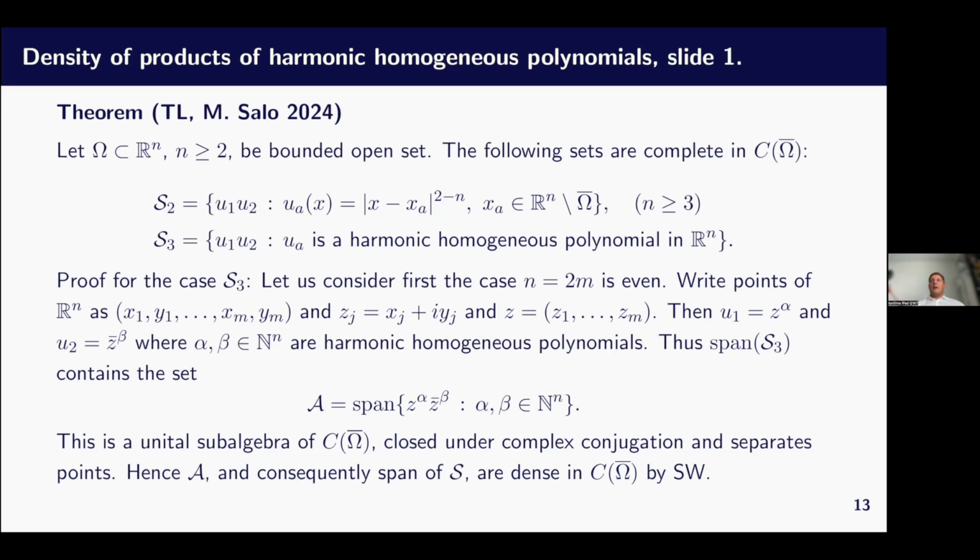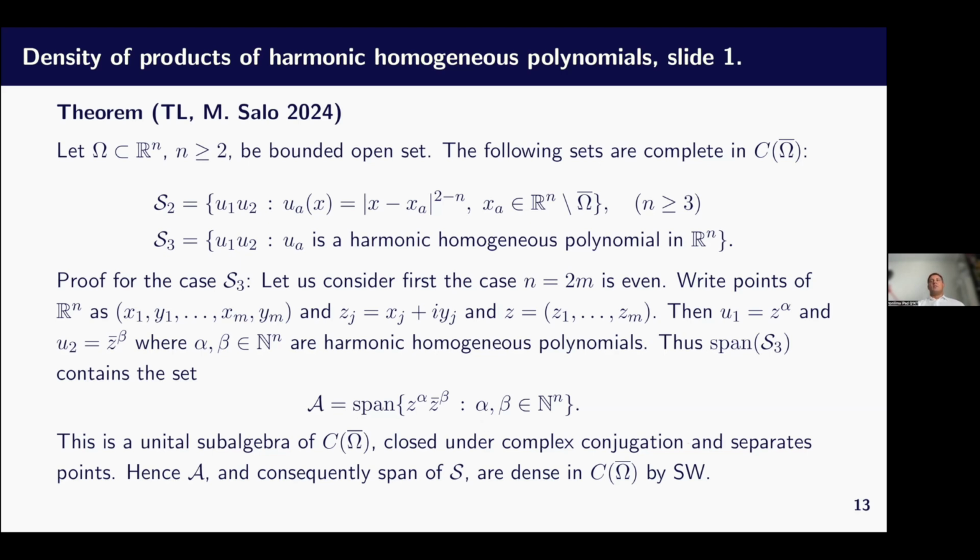So the span of S3 contains the span of these z to the alpha, z bar to the power beta, for any alpha and beta multi-indices. So we see that this A now is a unital subalgebra, take alpha and beta to be 0. It's closed under complex conjugation, trivially. And it also separates points.